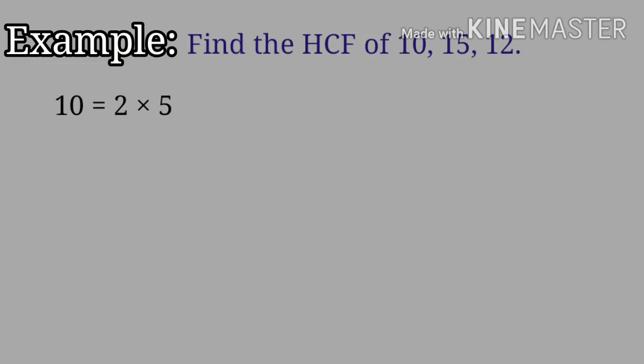Next, prime factors of 15: 15 equals 3 fives are 15, that is 3 into 5. And prime factors of 12 are 2 into 6, which is equal to 2 into 2 into 3. These are the prime factors of 12.